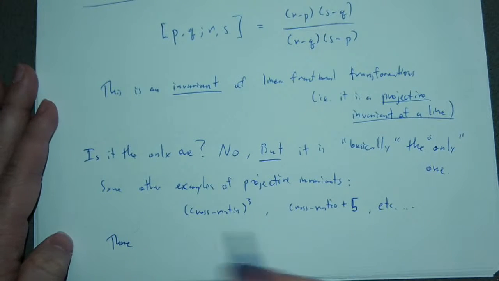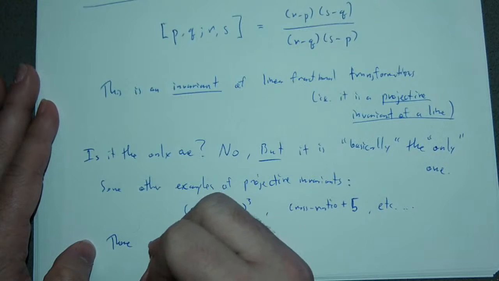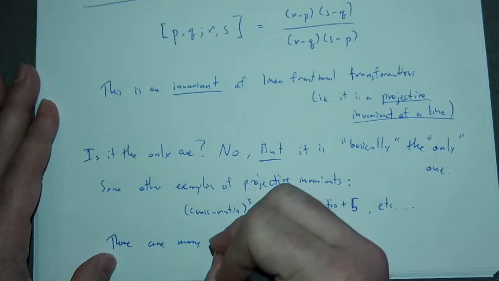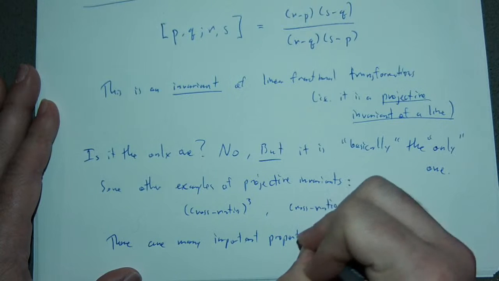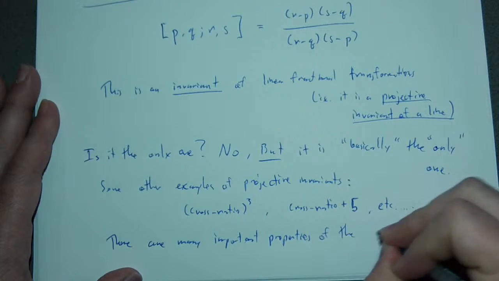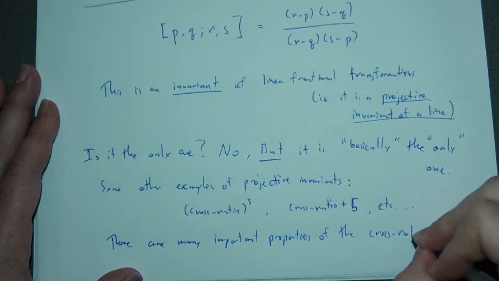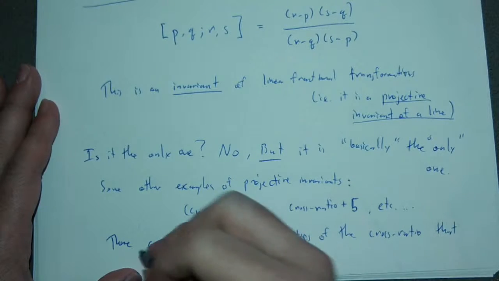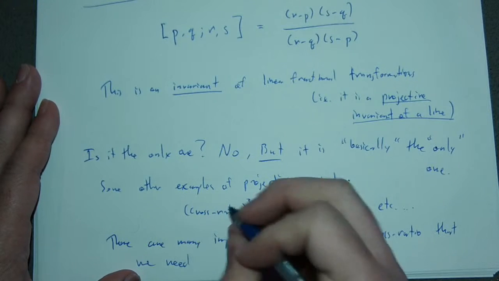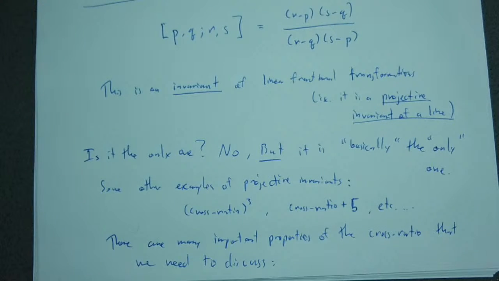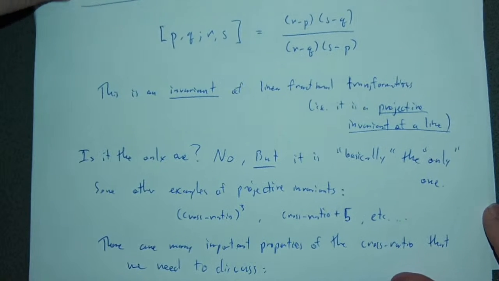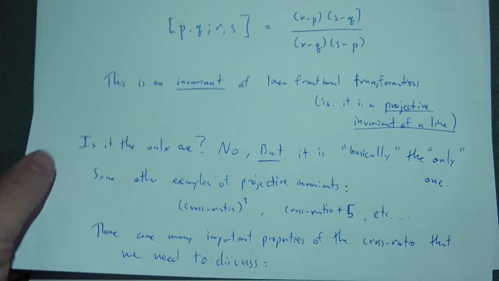So before we get into this, there are many important properties of the cross ratio that we need to discuss before getting on to this last thing I want to talk about. Okay, so all of these are going to have names because each one is an important thing to keep track of.